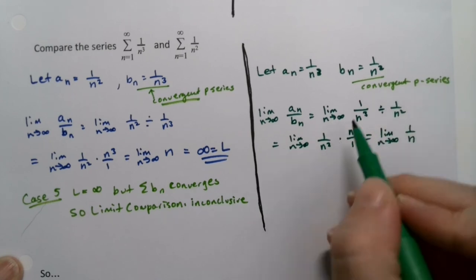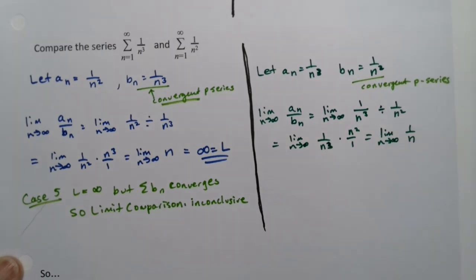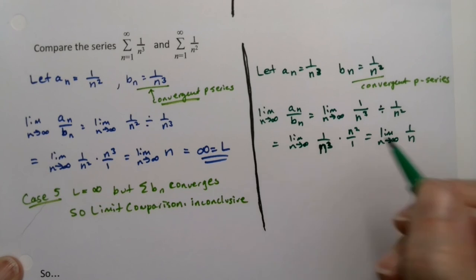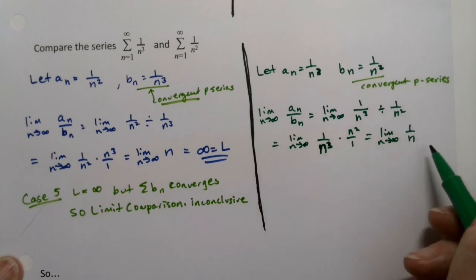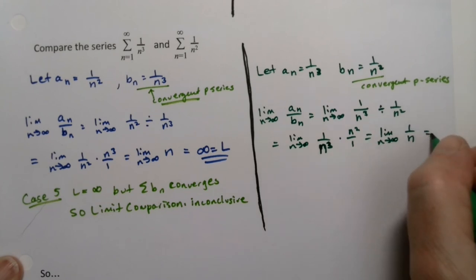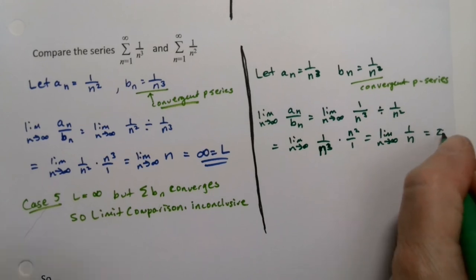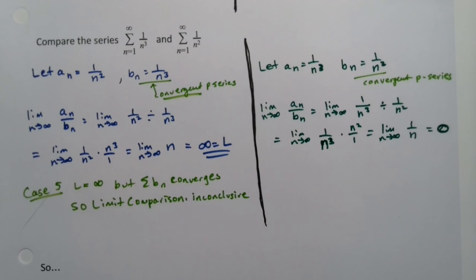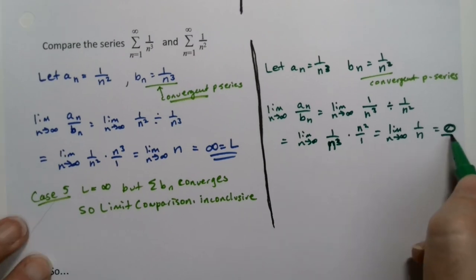Sorry, that was n cubed. So n squared over n cubed makes 1 over n, which is 0. We learned a long time ago in Calculus 1 that a constant over infinity is 0. There's my L.